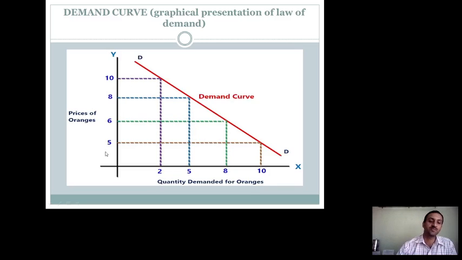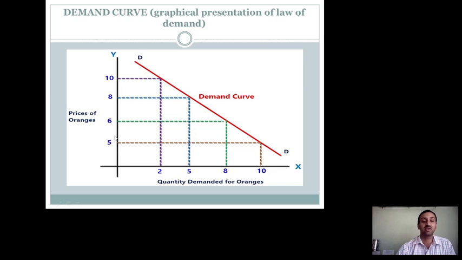Here we can see that when the price was 10 rupees, the demand for orange was 2 dozen. As the price decreased from 10 to 8, the demand was 5 dozen. And as the price decreased again from 8 to 6, the demand was 8 dozen.